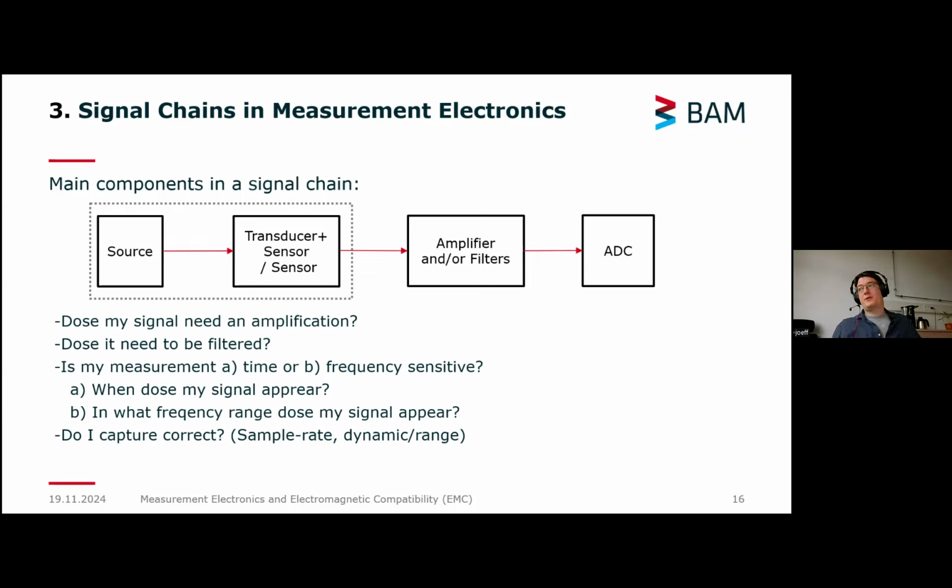How big is your signal? You cannot acquire a 10-volt signal, or a signal form which would peak at the maximum input range of the analog converter. You would saturate the input, and you cannot do anything with the measured values.